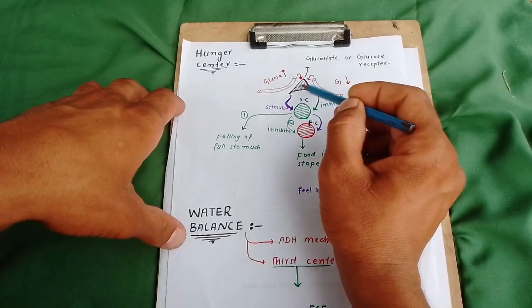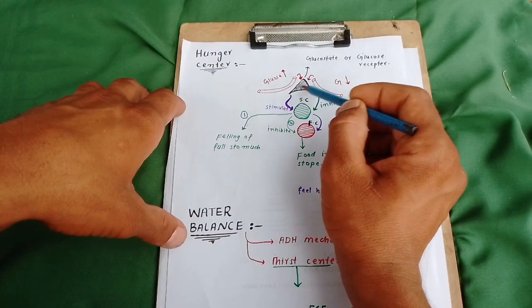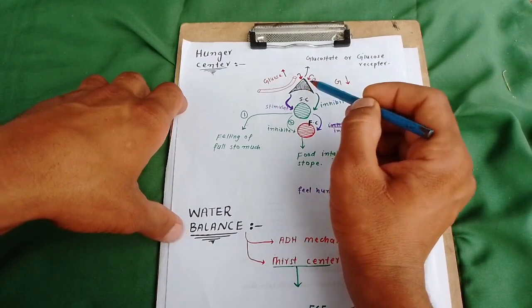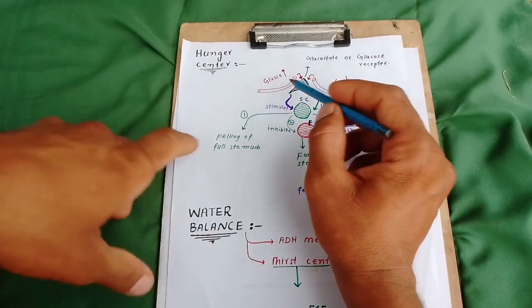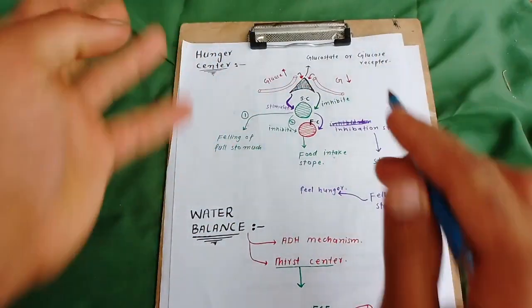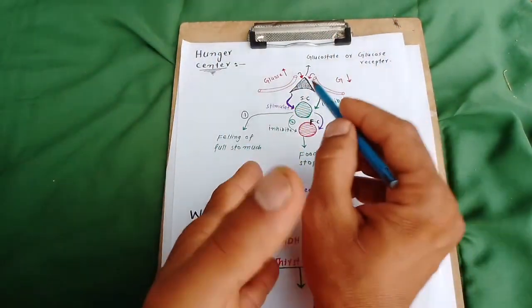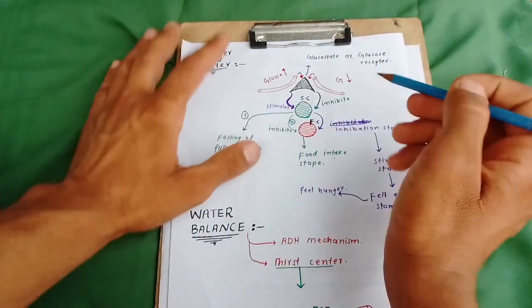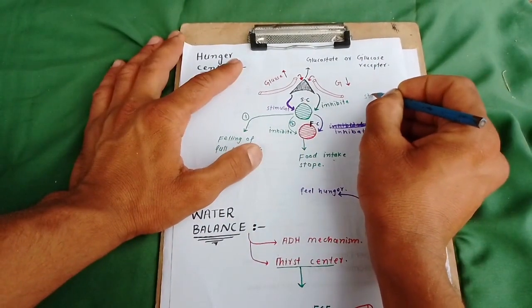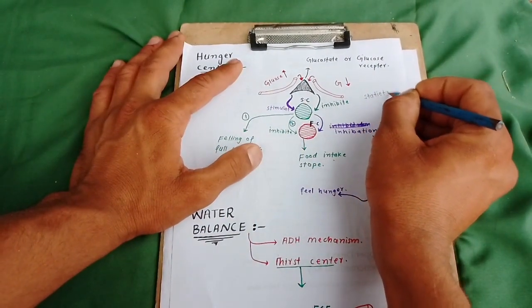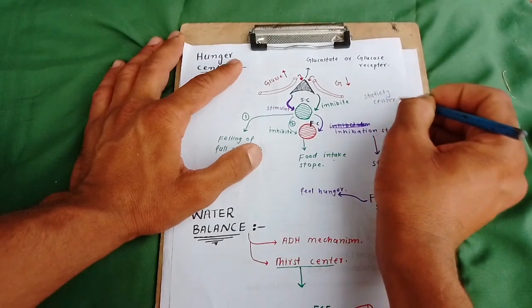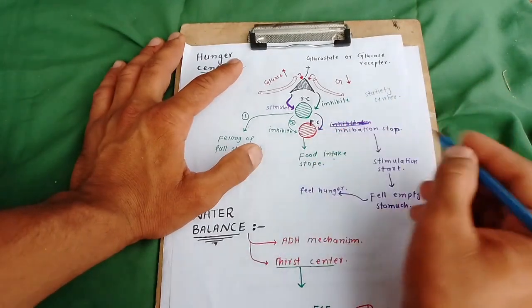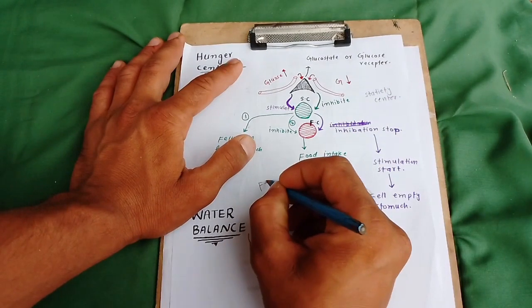This is the specific receptor present in the hypothalamus. There are two centers present: one is called the satiety center, and another is the feeding center.